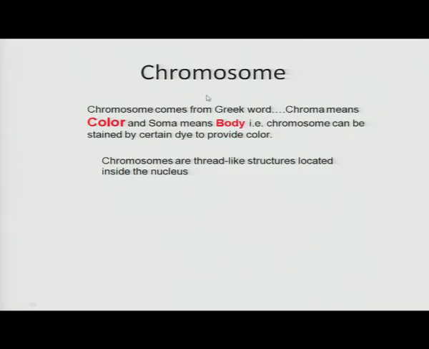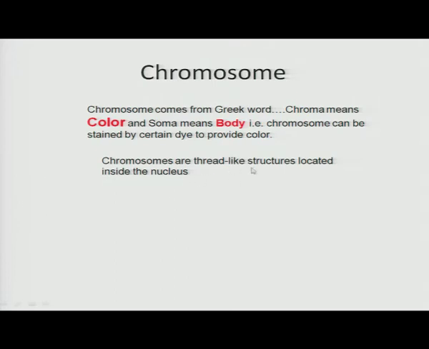Now, let us move towards the chromosome. Chromosome is derived from a Greek word in which chroma means color and soma means body. So, chromosomes can be stained by certain dyes to provide the color, and because of the color pattern given by the chromosome, they have been given the name chromosome.